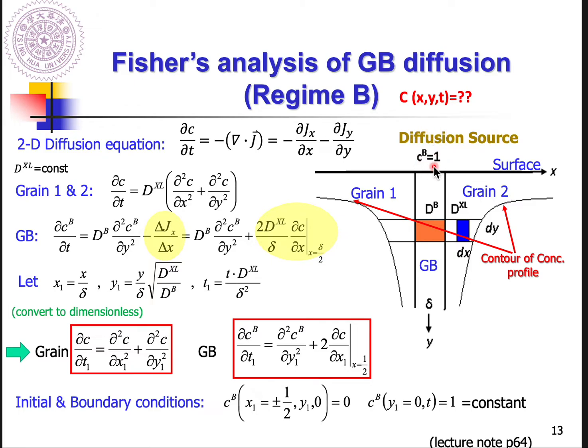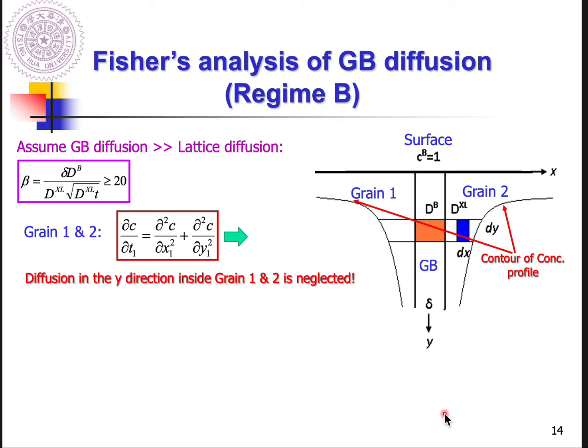But for example, if your diffusion source is 2% or 3%, you can just use 2% or 3% to substitute this 1. Okay, we just simplify that, so we use 1 to represent the concentration of C_B. Okay, so now you have the initial and boundary conditions.